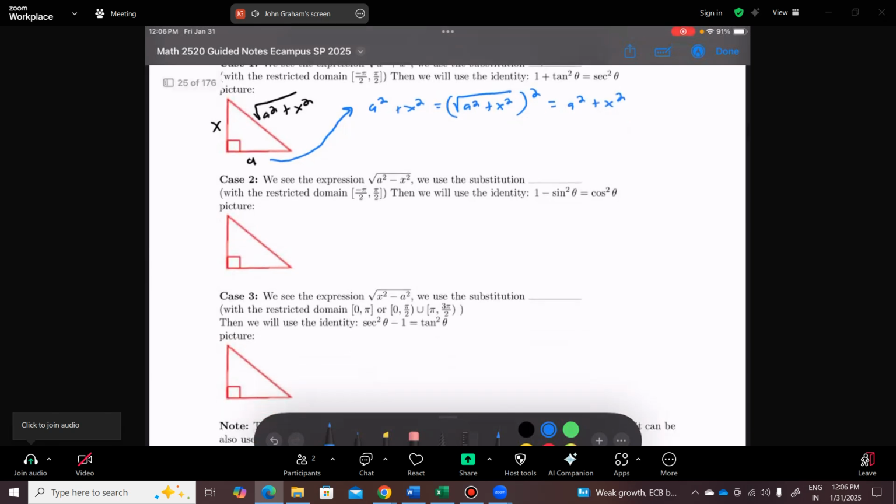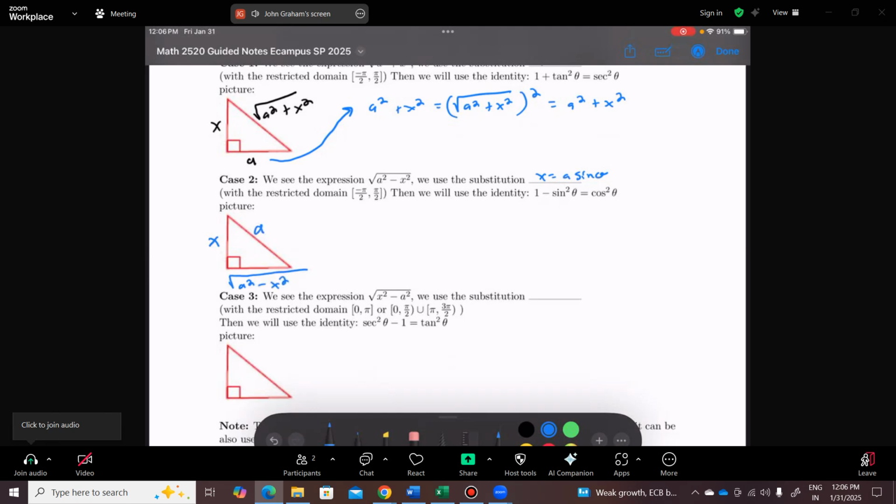For the next one, we use x equals a sine theta, and we'll end up with a cosine squared from it. And this works because here x is your opposite side, a is your hypotenuse, and the other leg is the square root of a squared minus x squared.